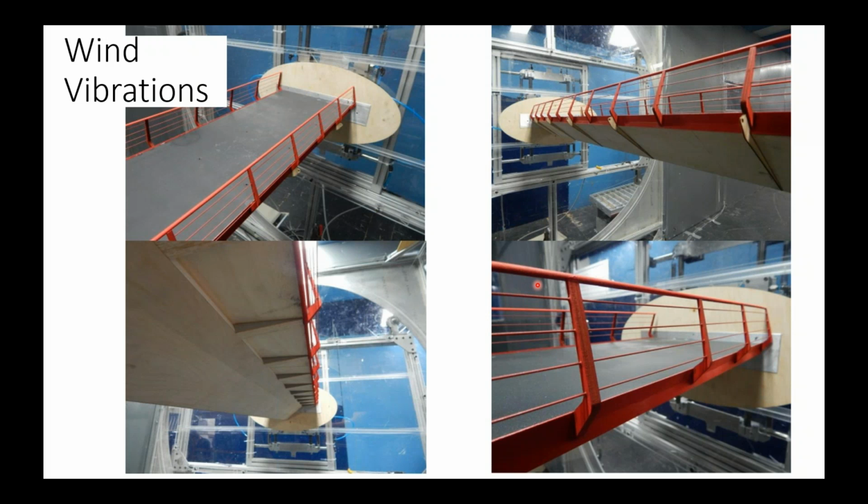We worked with the RWDI wind experts in Canada. We had them build a scale model of the bridge in their wind tunnel for testing. And the model obviously has all the features of the bridge, the railings, the triangular cross-section of the deck, even the ribs under the deck to really capture the wind performance of the bridge.